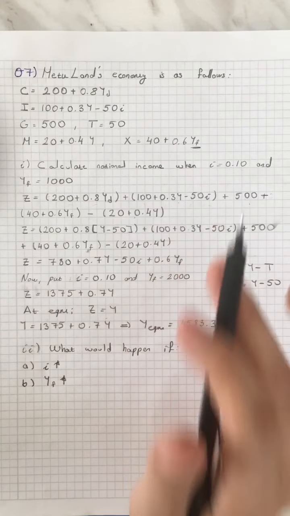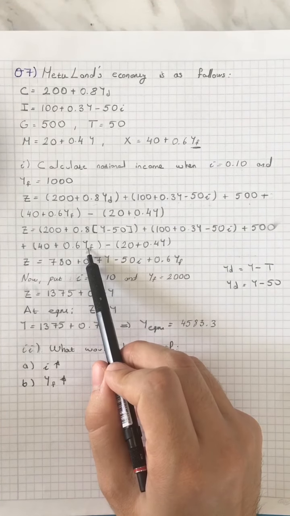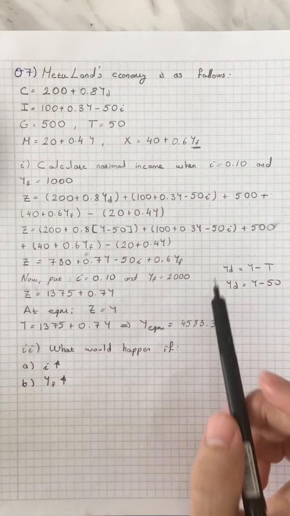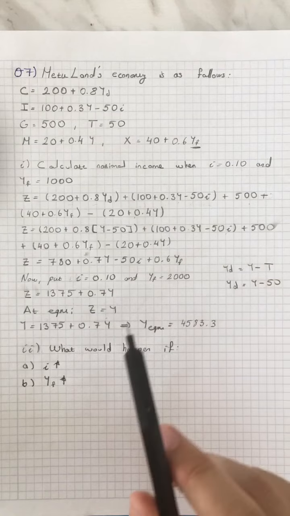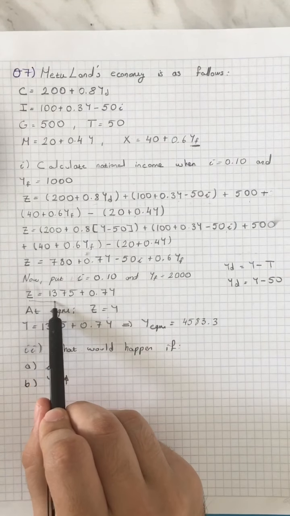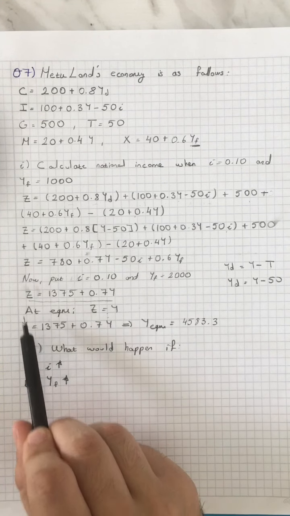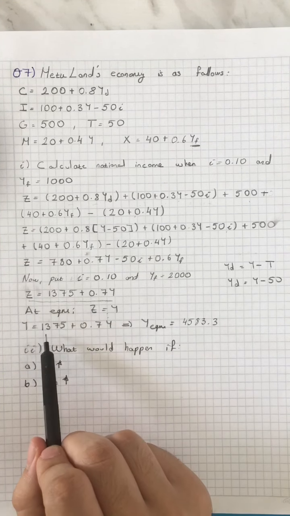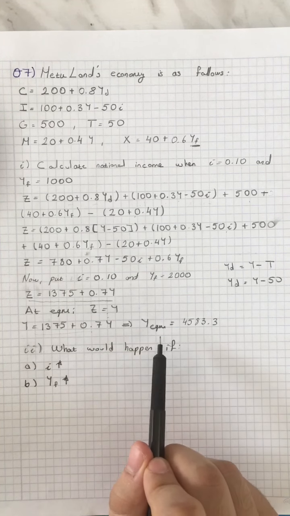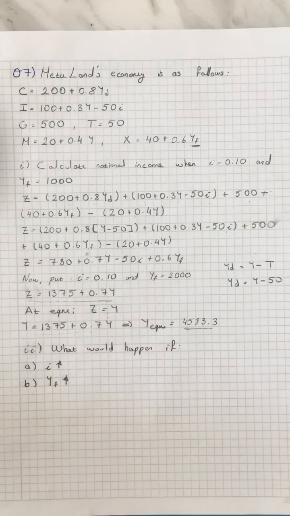We convert all disposable incomes and we put 1,000 instead of Y fee, and we put 0.10 instead of interest rate, and at the end you should get Z equals this number. And at equilibrium Z equals Y, so we put Y instead of Z, and you'll get this equation. And if you solve for Y, equilibrium will equal this number.